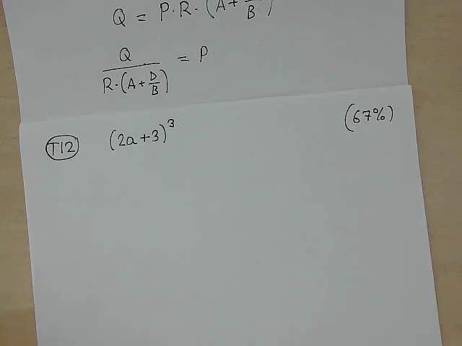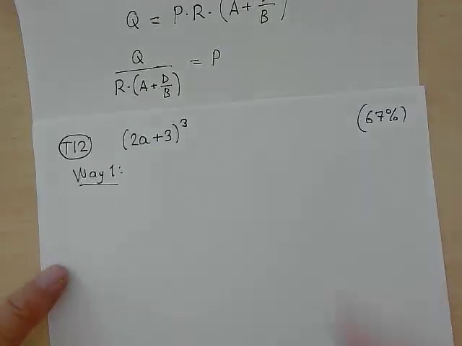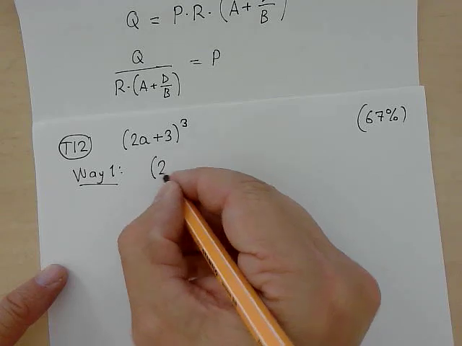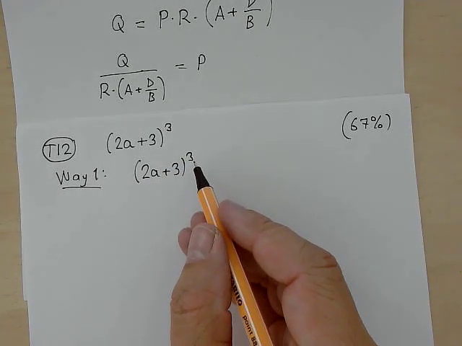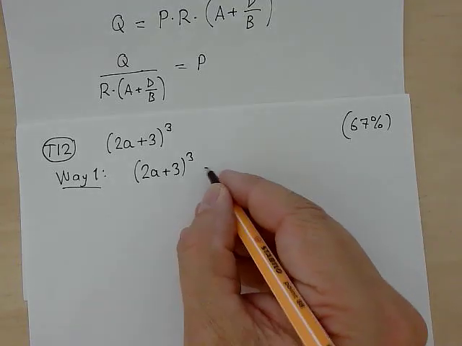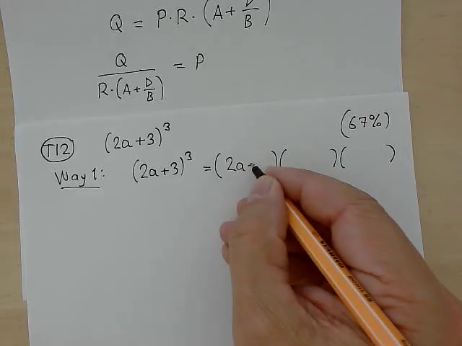What would you do? If you remember the formula, use the formula, otherwise do it separately. Way 1 is this: it is third degree, or exponent is 3. It means the same as having 3 of those binomials multiplied.